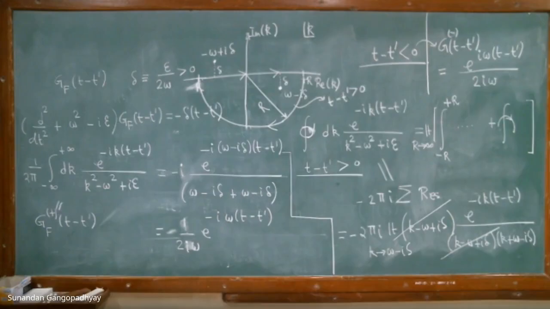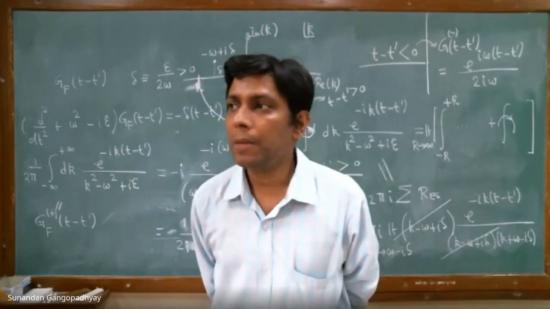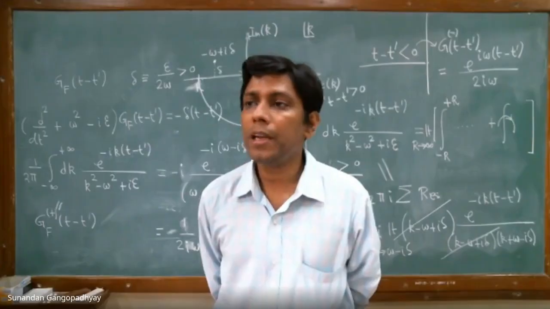Sir, in the case of t minus t prime less than 0, when we perform the same process that we have performed here, in that case, when we take limit r tending to infinity, then the contribution from the lower half will be equal to 0, right? For t minus t prime less than 0. In the lower half plane, you will not close the contour.